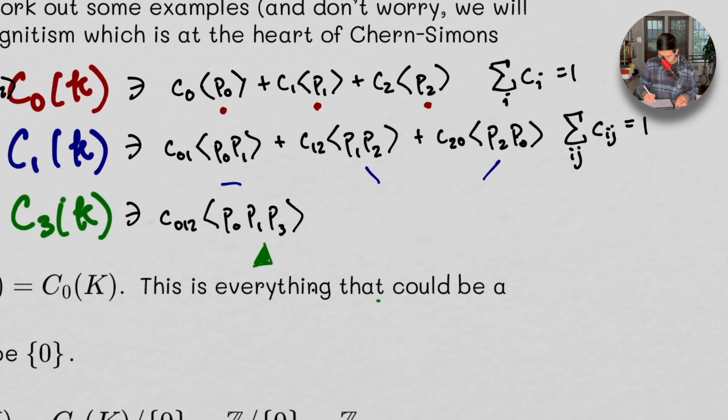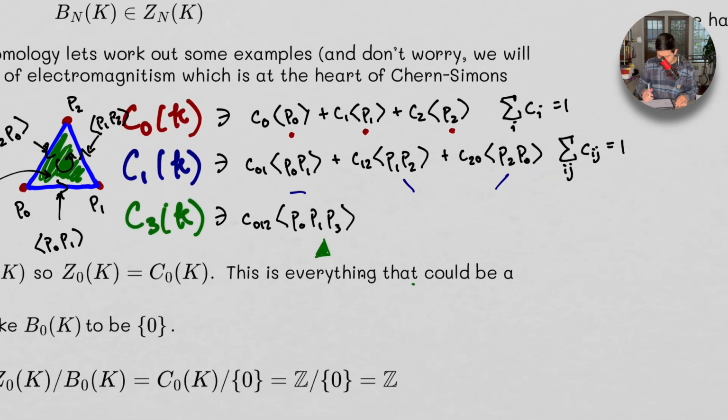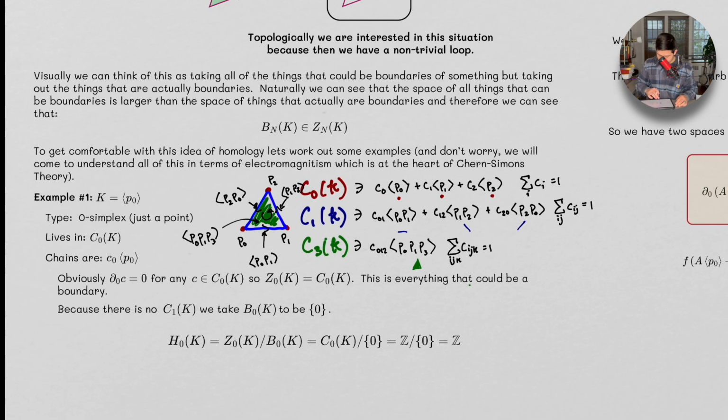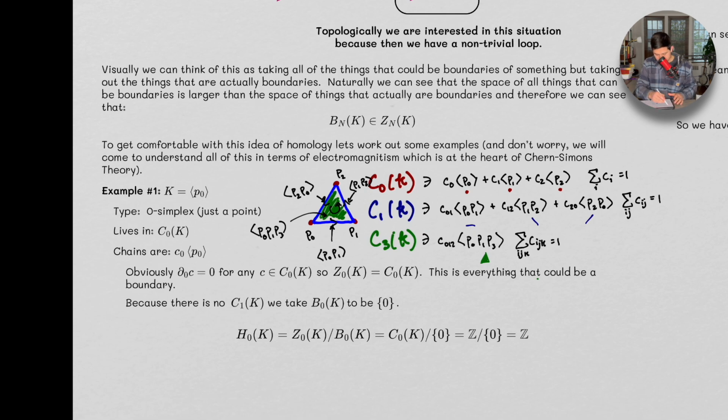And then our constant here has to equal 1 as well. So Cijk, sum over ijk equals 1. Anyways, so that's just all a recap.